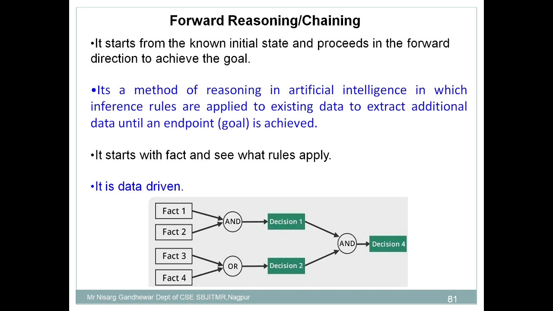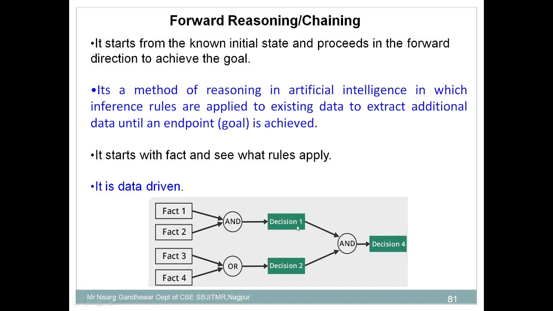This is the approach of forward reasoning: use of data to get new information so as to reach the goal state. It starts with a fact and sees what rules apply, and we can say that forward reasoning is data driven, because we expect to have some predefined data which helps us reach the goal state.